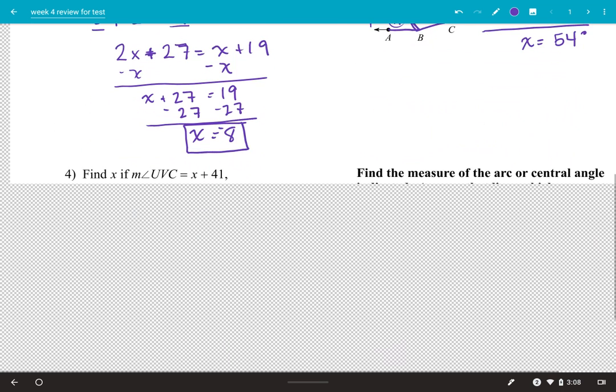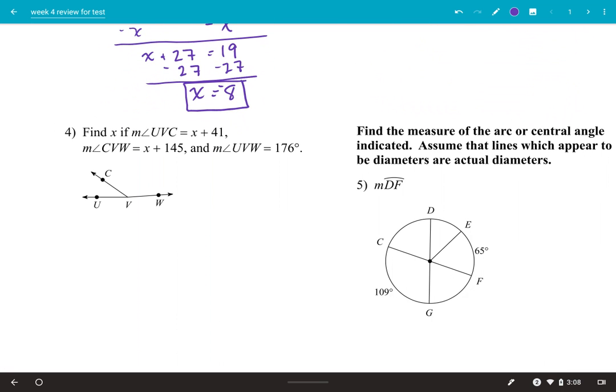All right, next one's the same thing. So put what you know. So the measure of angle UVC, so U to V to C, is x plus 41. CVW is x plus 145. And the whole thing, UVW, is 176.